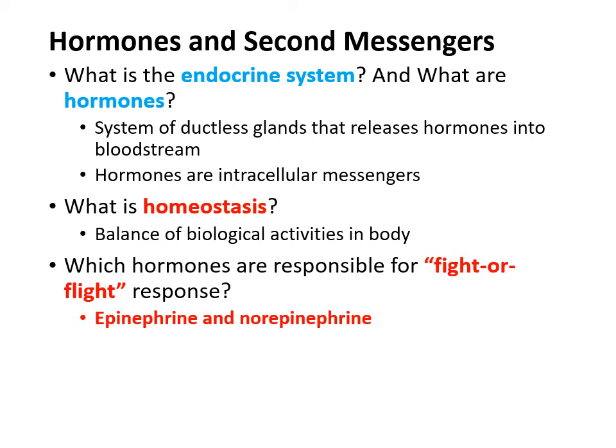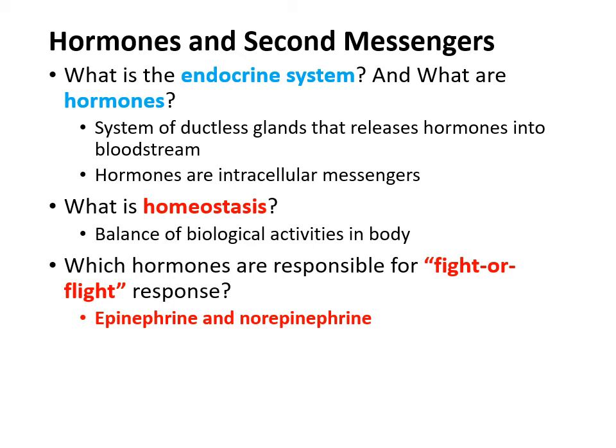And this intercellular communication takes place thanks to the endocrine system, which are the ductless glands that produce hormones. And the hormones are basically intracellular messengers. And we're going to see in the next slides about the cascades and the messages that they can end up sending.